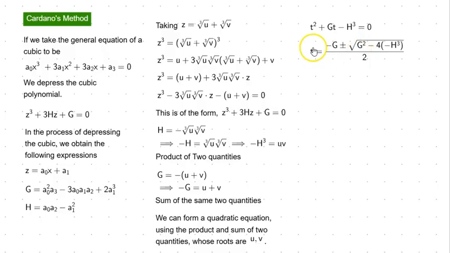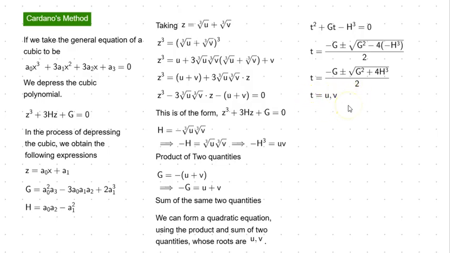Using the quadratic formula, we can solve for t. t = (−g ± √(g² − 4(1)(−h³)))/(2(1)). So t is equal to (−g ± √(g² + 4h³))/2. And we know the roots are u and v.